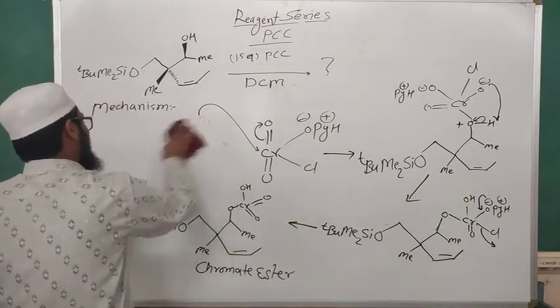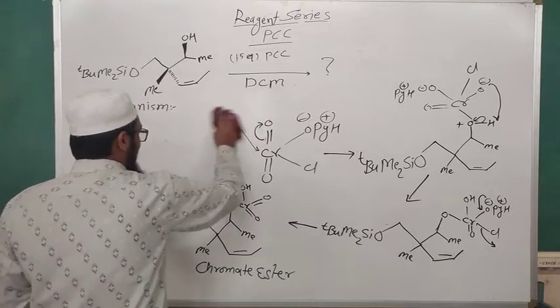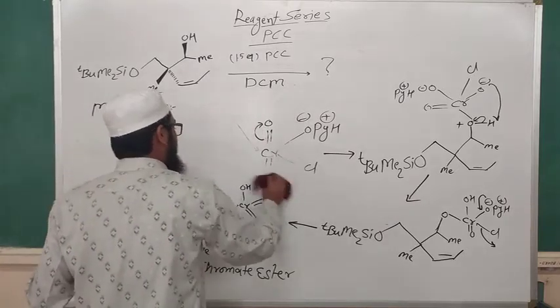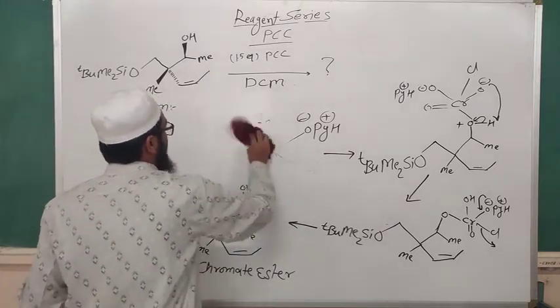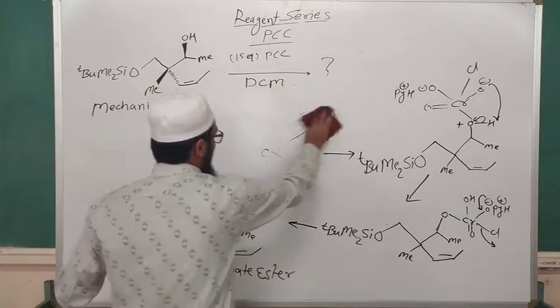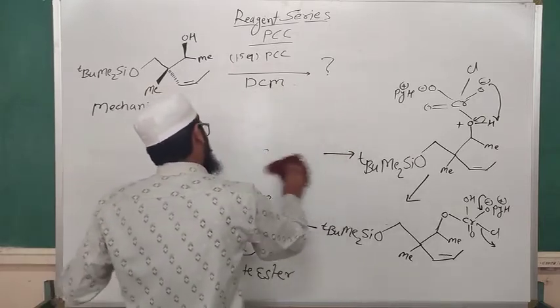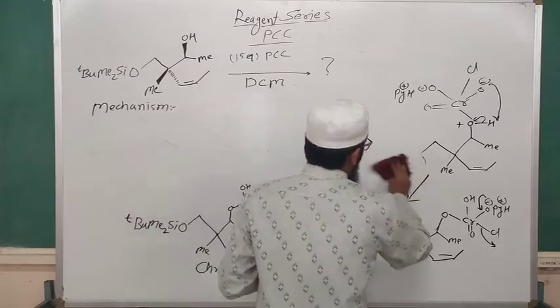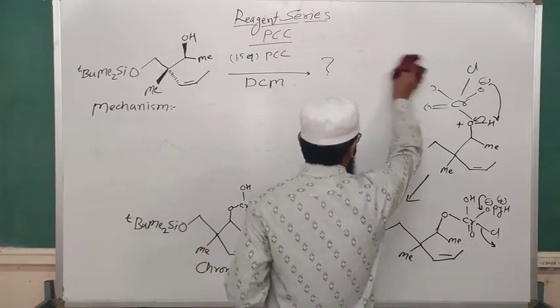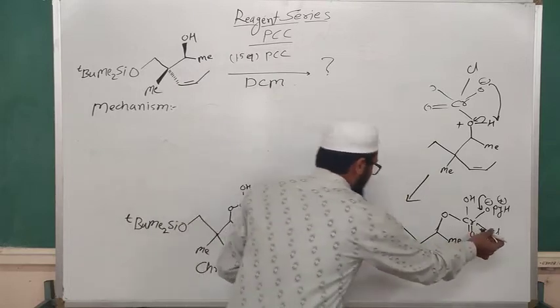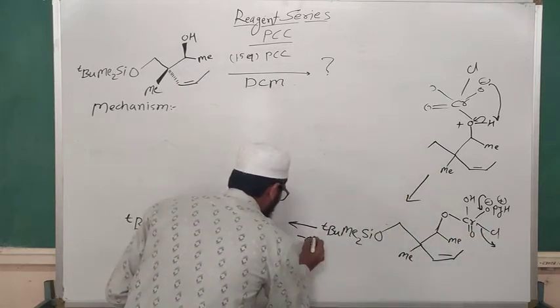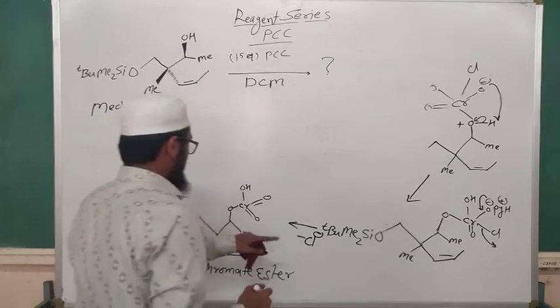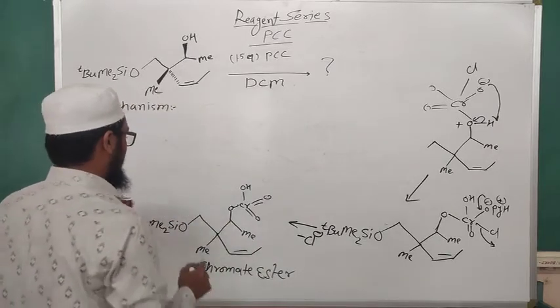Now what will be the next step, my dear brother and sister? This chlorine, this free chloride ion which got removed in the last step, is still present in the solution as a chloride minus ion, and I am going to write that here as Cl minus. This free chloride ion will come again in the next step.